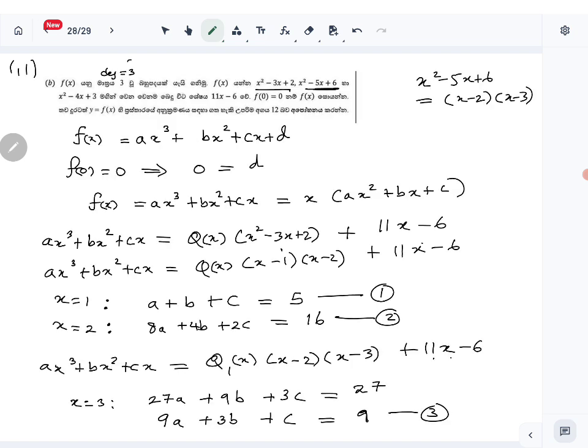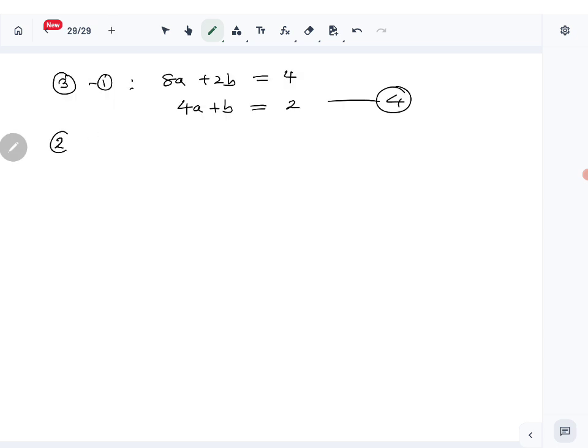We'll do the second one minus the first one multiplied by 2.